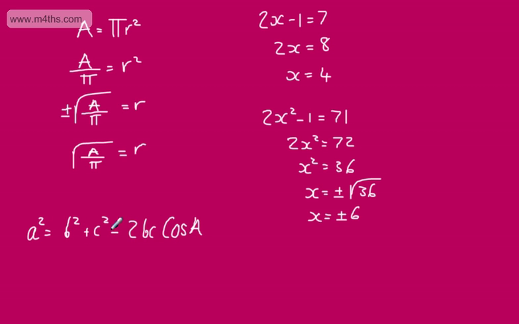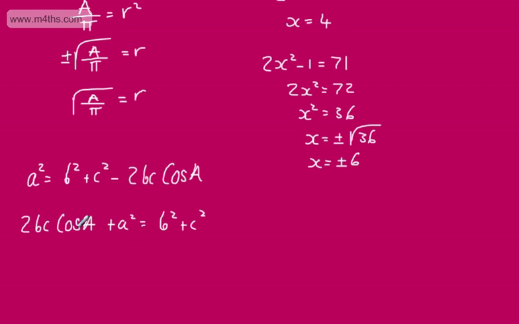So I can see that I've got minus 2bc cos A. I'm going to add that to both sides. That's going to give me 2bc cos A plus a squared is equal to b squared plus c squared. On the left hand side, I only want terms that include cos A. Therefore, I'm going to subtract a squared from both sides.